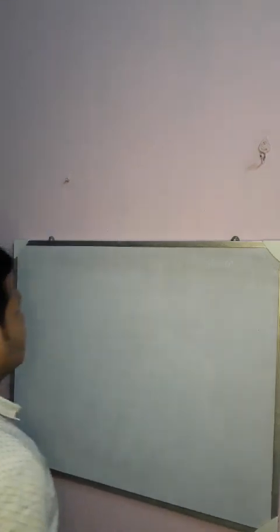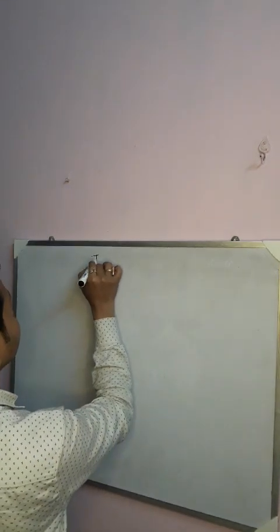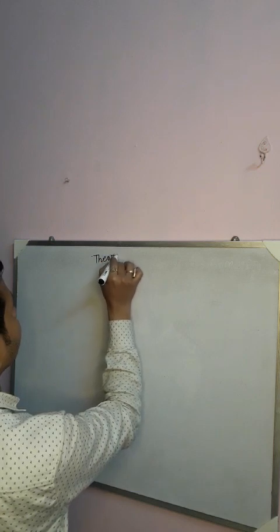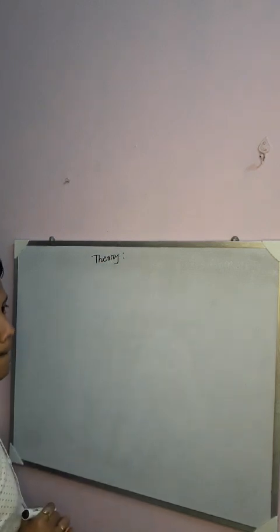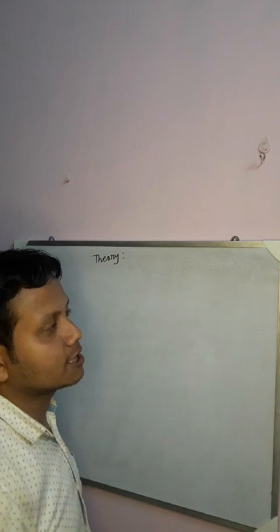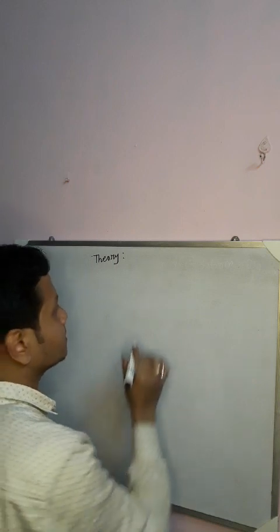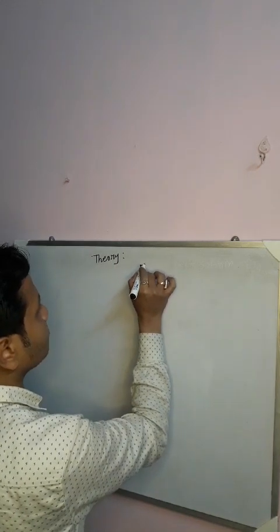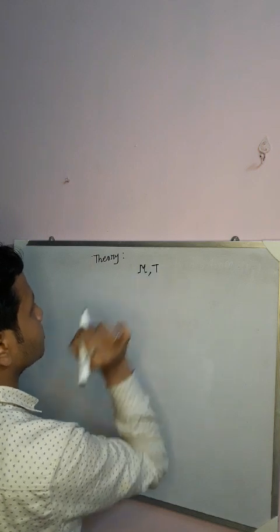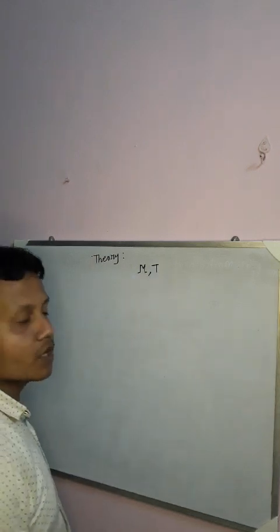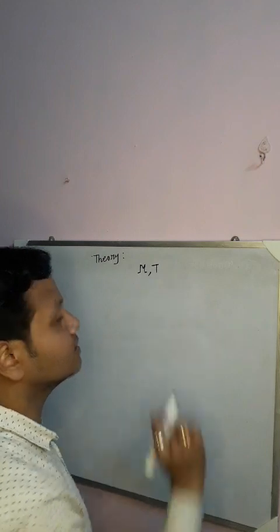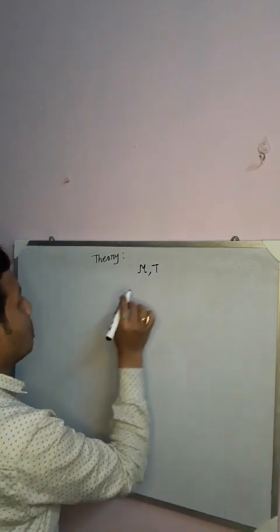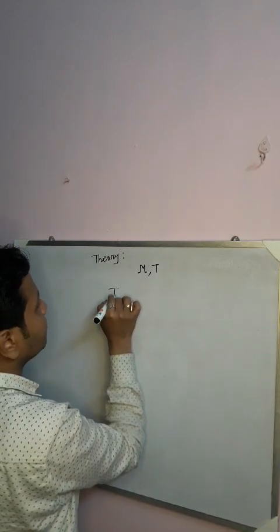Now what is the theory behind it? We all know that the state of a paramagnetic substance is determined by two quantities: one is magnetic moment and another is temperature. For paramagnetic substances these are the thermodynamic variables. So what will be the second TdS equation?